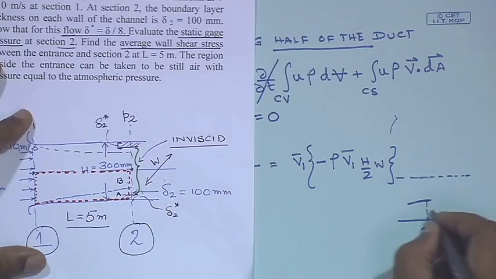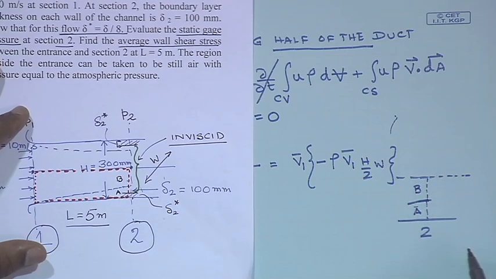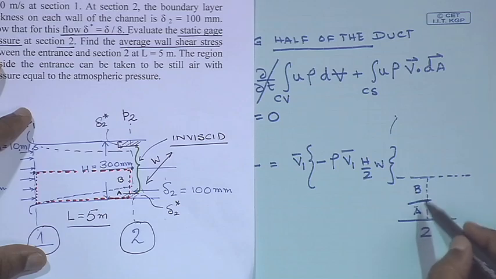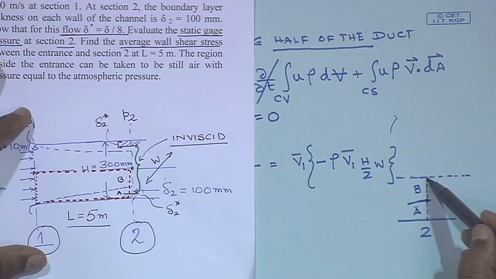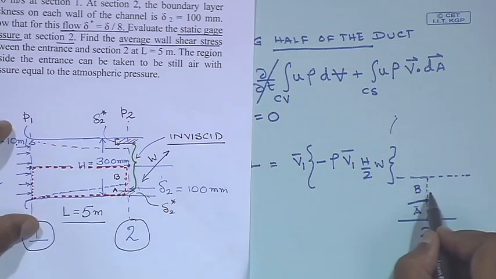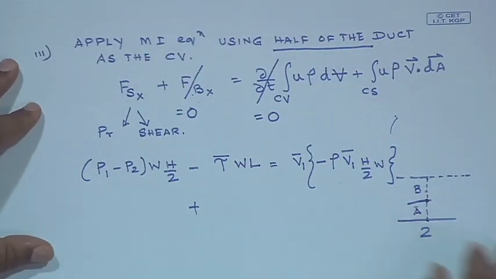So, this is A, where the flow is through the boundary layer, and this is B, where the flow is through the inviscid region. So, the flow at 2 can be thought of as consisting of two separate layers. In one I have viscous flow, in the other I have inviscid flow. If I find out the momentum that goes out through A and B, then I know the total momentum which is going out of 2.